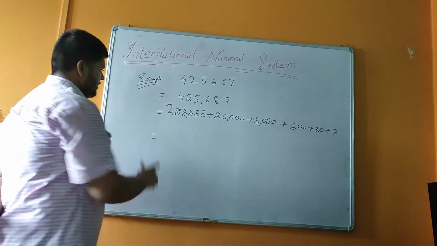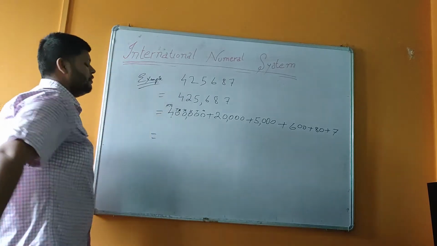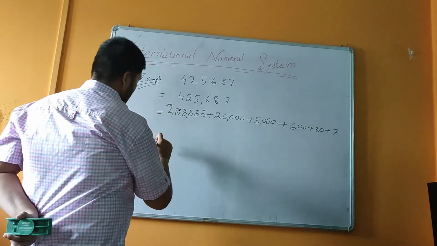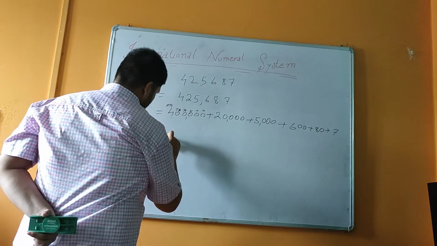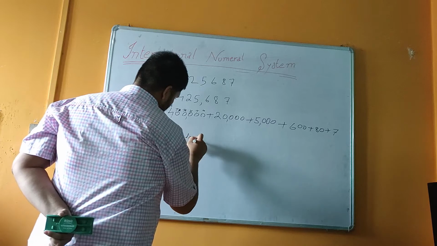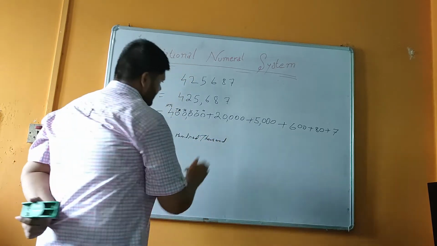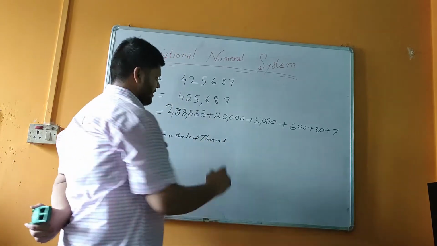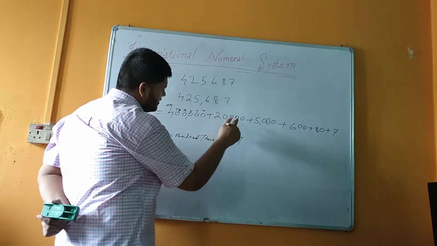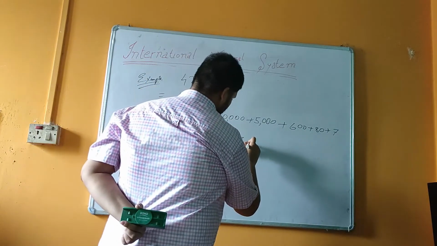Okay. 100,000 into 4 is 400,000. So we will write 400,000. This is 20,000. Why 20,000? This is 20 and then 3 zeros. That's why it is 20,000.